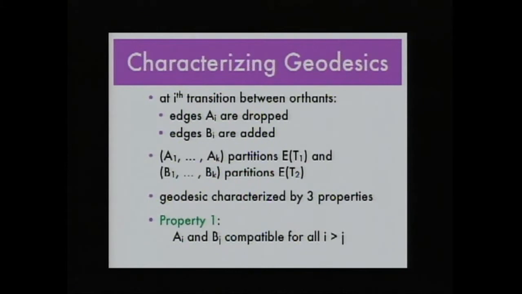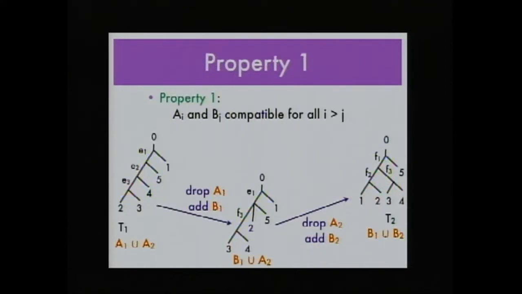Property 1 is that for all i bigger than j, the set of edges A_i is compatible with the set of edges B_j. So that means they're compatible. They all exist in the same tree. This is exactly what I've been telling you. For some intermediate tree, it's going to have the B edges we've brought in, so B1 up to B whatever, and then after that, it's going to have all the A edges we still have left to drop.